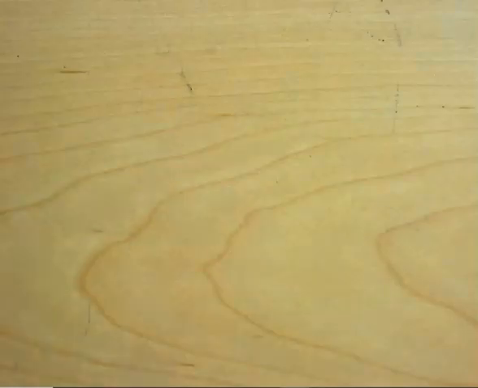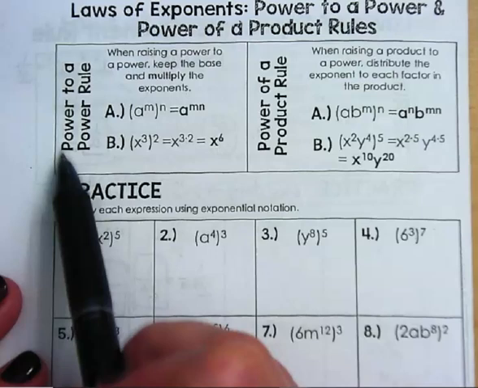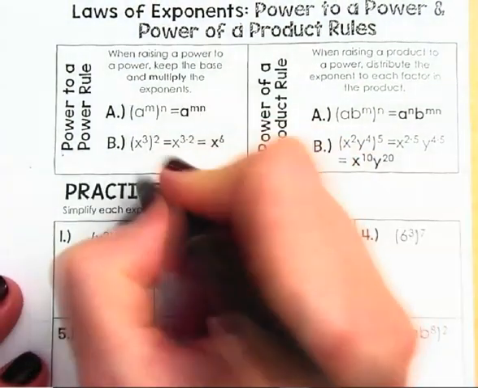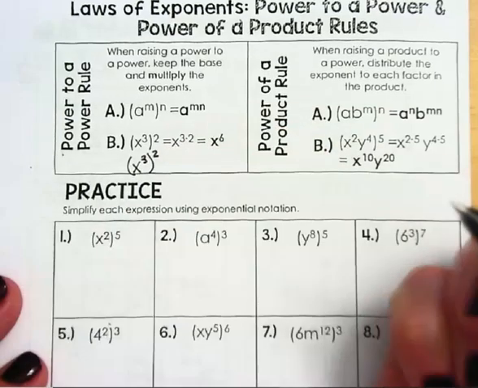There are 2 rules on page 3, but they're similar, so they go together. This first rule is called power to a power. So we have a power, x cubed, being raised to another power of 2.